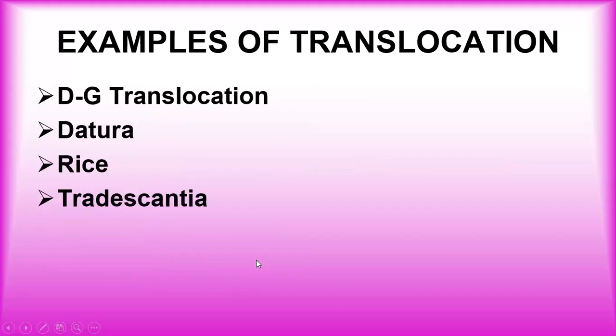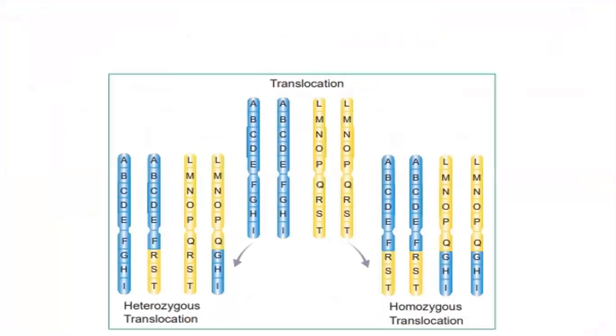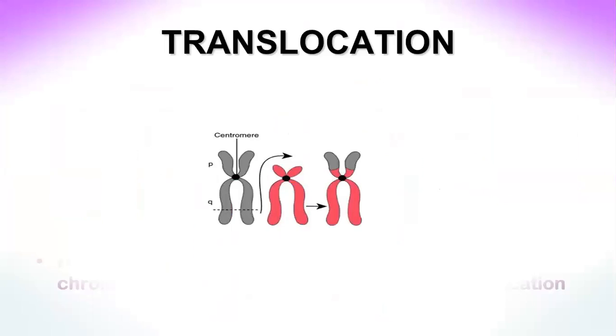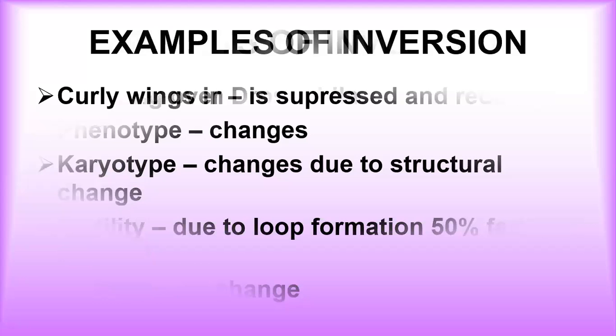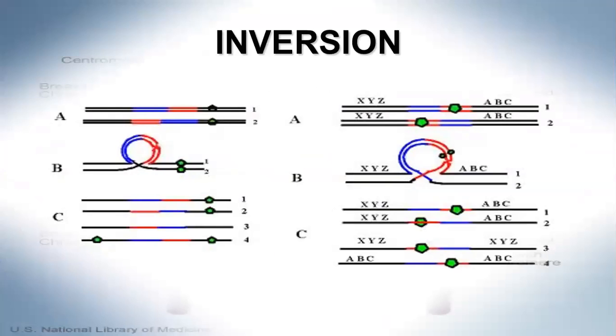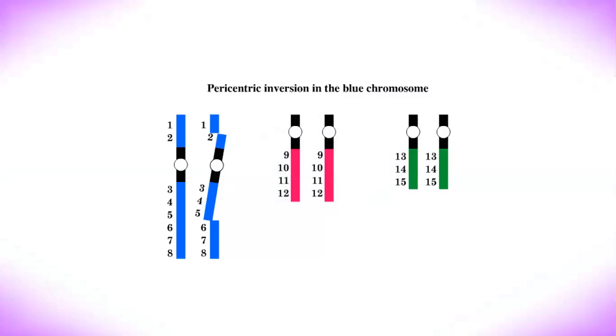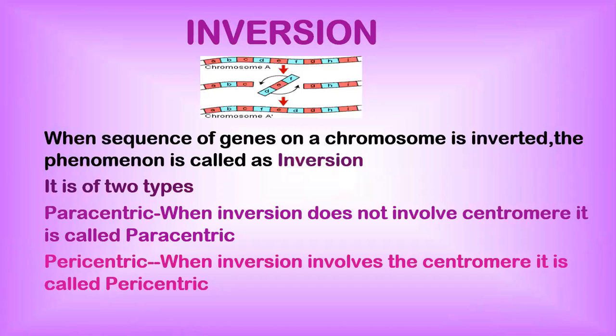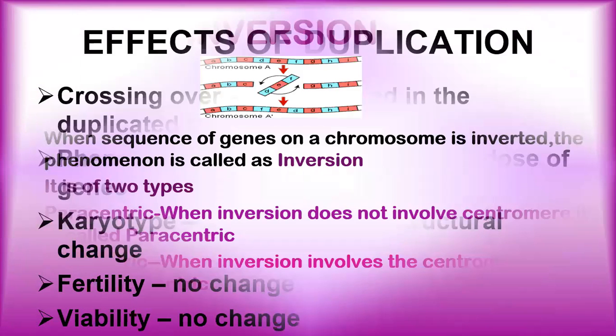So with this, we conclude the first chapter from your syllabus. This is SYBSc Botany, paper 2. Name of the unit, Genetics.